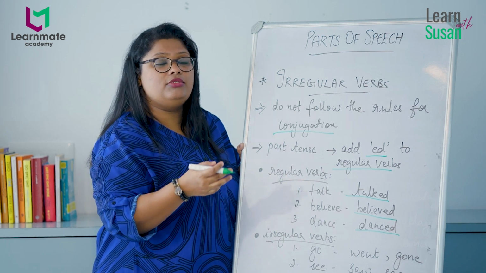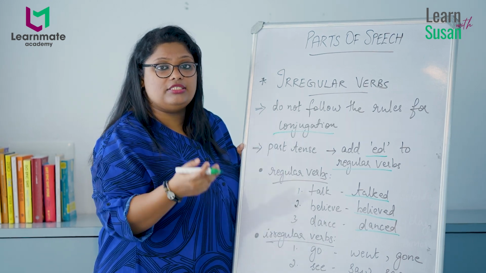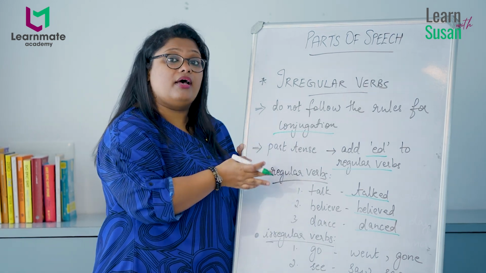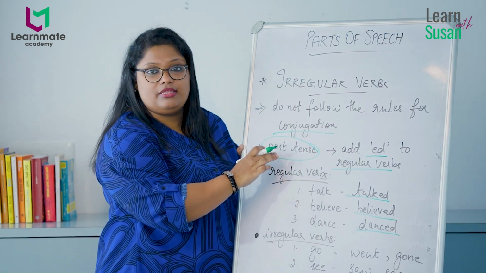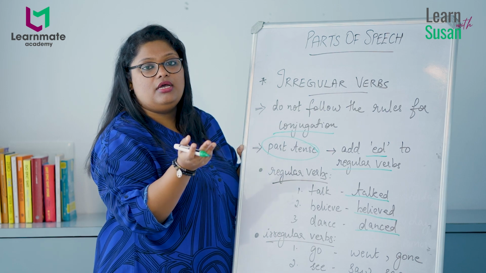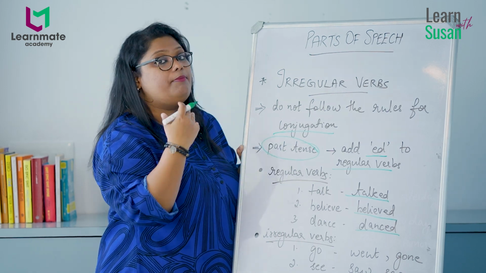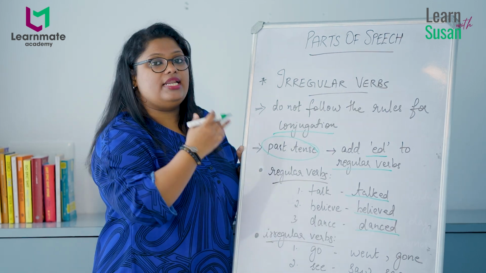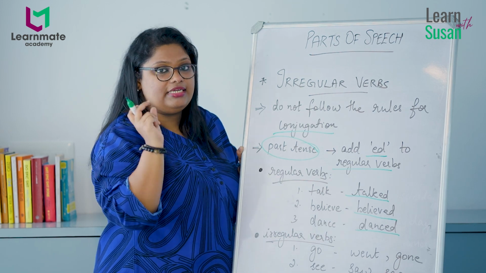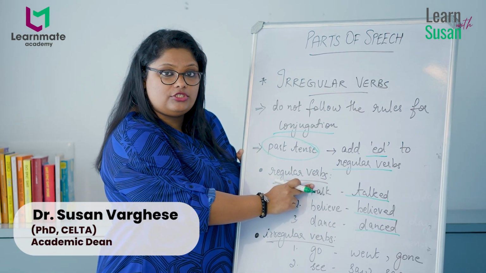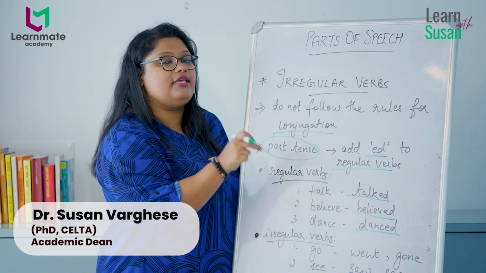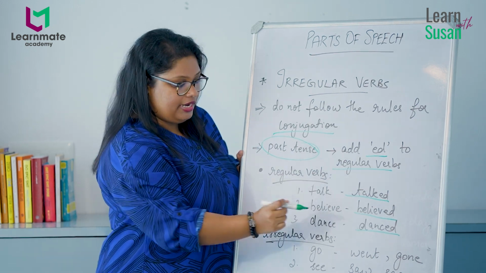So talking about how she danced beautifully as a past event. So conjugation mainly happens in the past tense. We are talking about something that has happened before, or the past participle, which I'll explain in my video regarding tenses. So regular verbs are verbs to which you can add ed at the end, like talked, believed, danced.